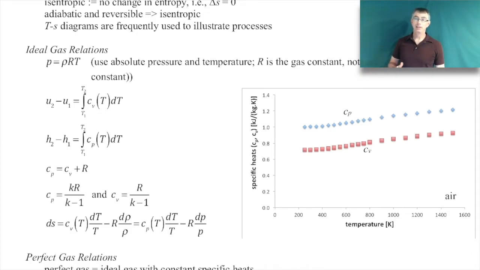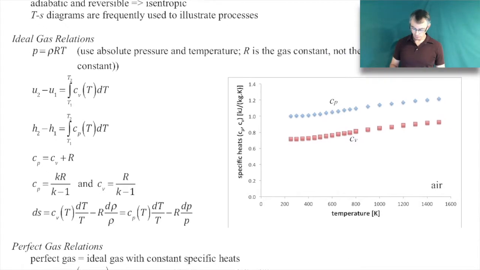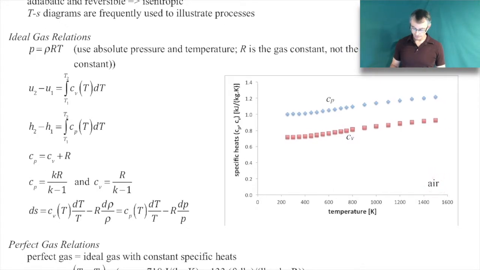Now, I said that the specific heats are in general a function of temperature, and I show that over here for air in this plot. There's Cp and Cv as a function of temperature given in Kelvin. You can see that in general they are functions of temperature. But often we deal with smaller ranges of temperature changes.